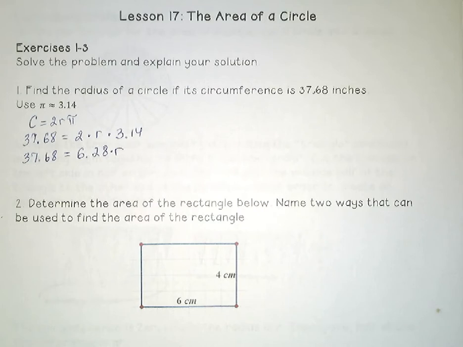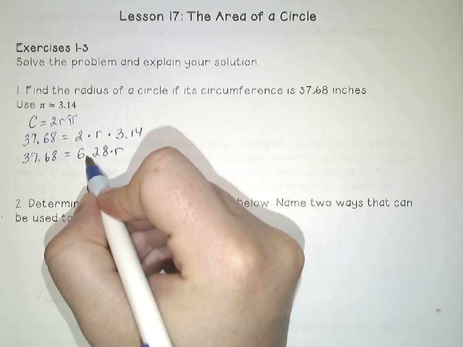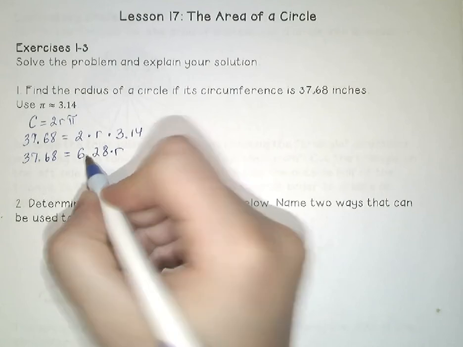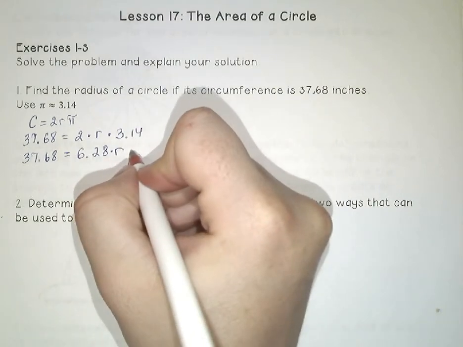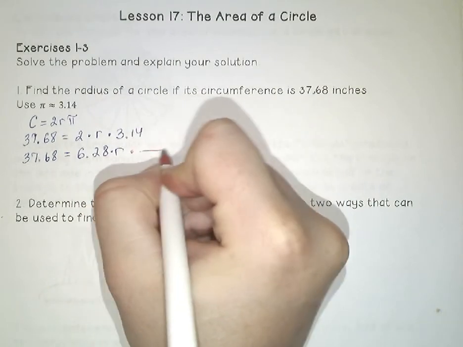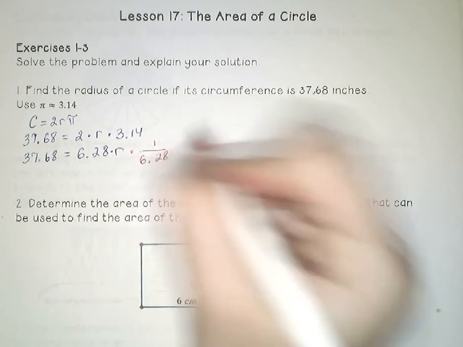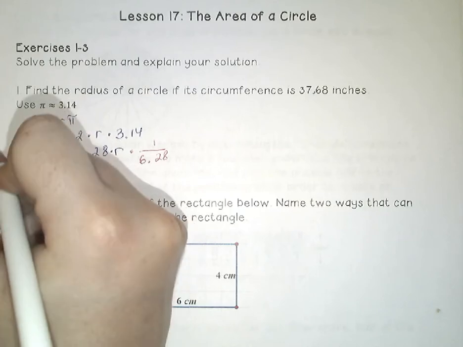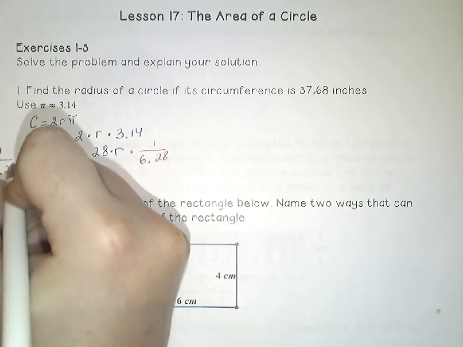Okay, now how do I find the R? And that I will do by multiplying by the reciprocal of 6.28, right? So if I multiply both sides of my equation by the reciprocal of 6.28, that'll be times 1 over 6.28 on one side, and on the other side 1 over 6.28.